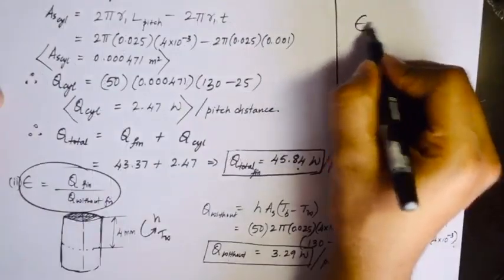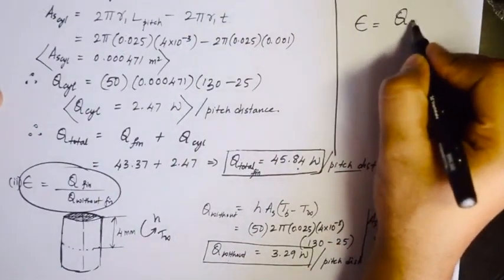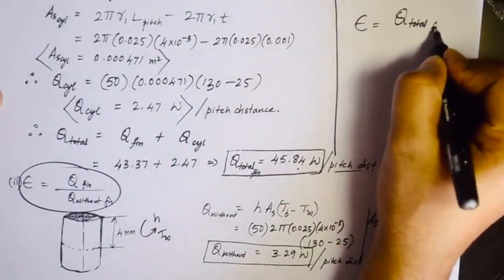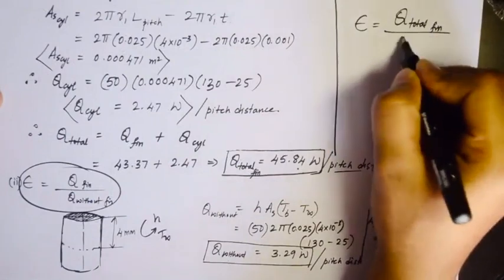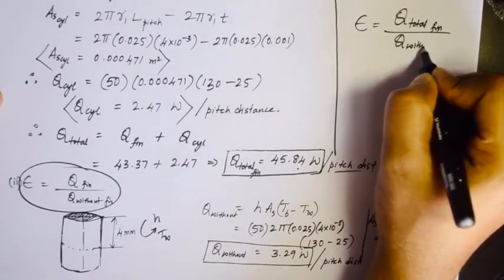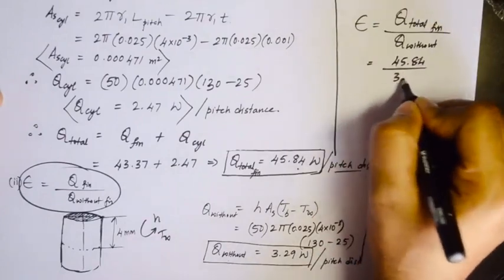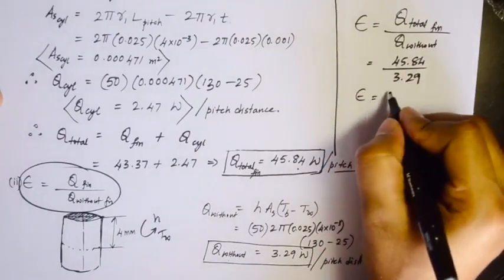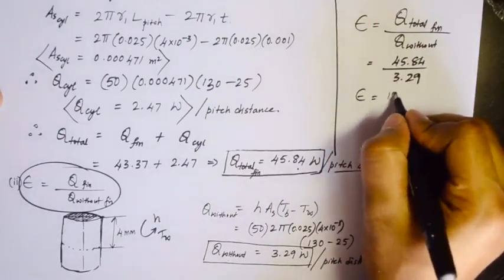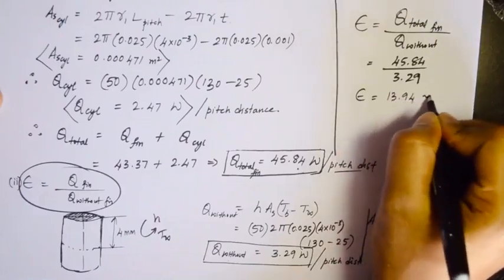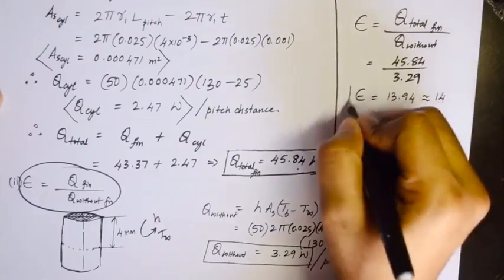Right, the effectiveness is given by Q, heat transferred when fin was present, divided by heat transferred without the fin. You will get the effectiveness as 13.94, which is approximately 14.